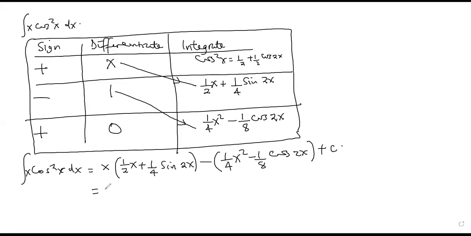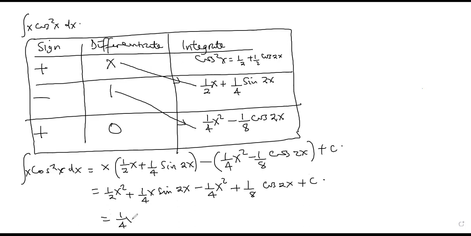So when you expand this, you're going to get a half x squared plus a quarter x sine twice x minus a quarter x squared plus 1/8 of cos 2x plus a constant of integration, which reduces to what we said, a quarter x squared plus a quarter x sine 2x, then plus 1/8 cos 2x plus a constant of integration.